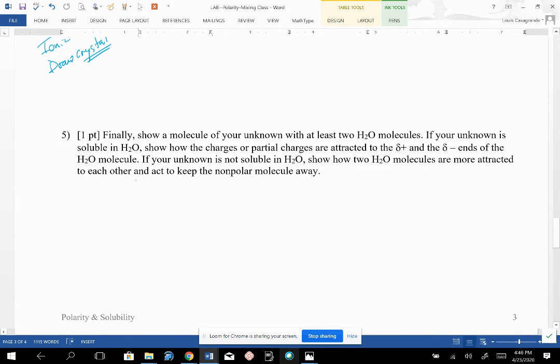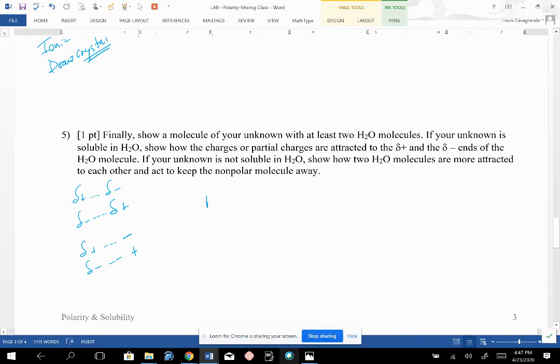And then finally, in number 5, you want to draw water, showing how water is attracted. So you're going to look for the delta plus being attracted to delta minus on everything, and the delta minus being attracted to delta plus. And actually, let me draw those as dotted lines. If you have delta plus, delta minus. If you have ionics, delta plus being attracted to the negative, delta minus being attracted to the positive.